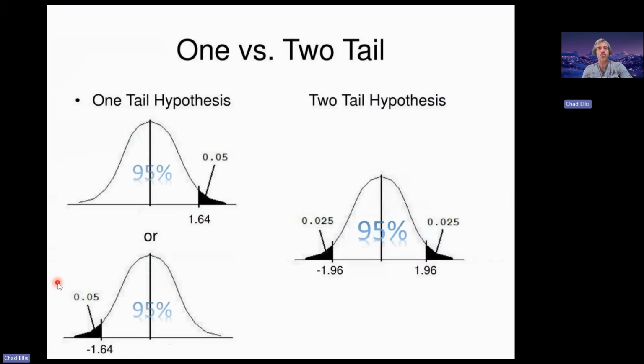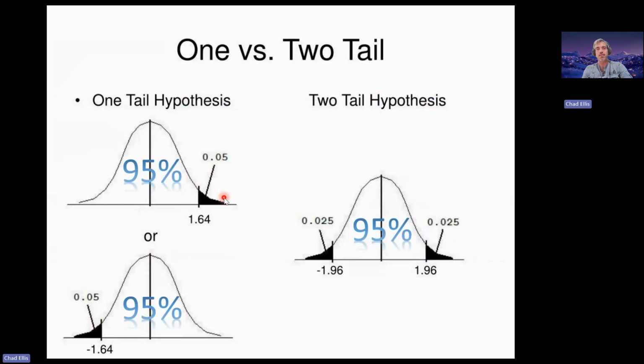So here's an illustration of a one-tailed hypothesis. You can see here we have what's known as our rejection area. We'll get into this in a little bit here. Our rejection area is 5% of the area on the right side there, or we could also put it on the left side there.